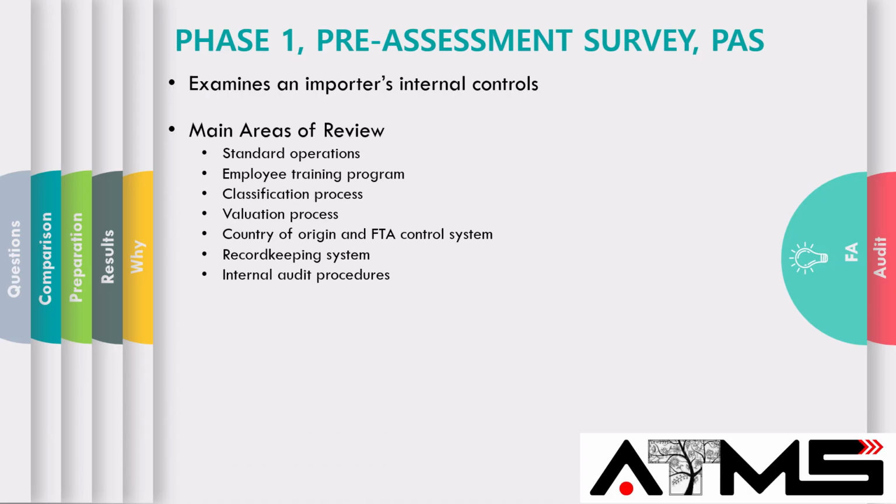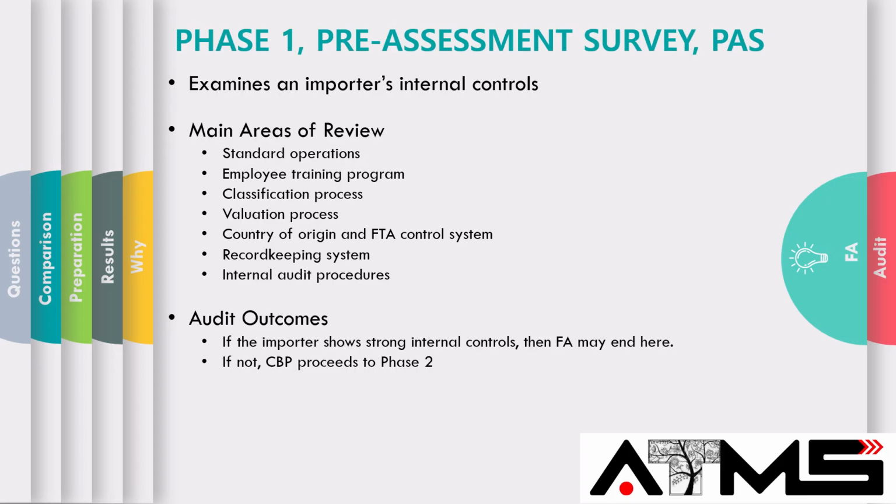Key areas CBP examines: written procedures, employee training, HTS classification processes, valuation procedures, FTA and origin management, record keeping systems, and internal audit programs. If internal controls are deemed sufficient, the FA ends here. If not, CBP proceeds to the next phase.